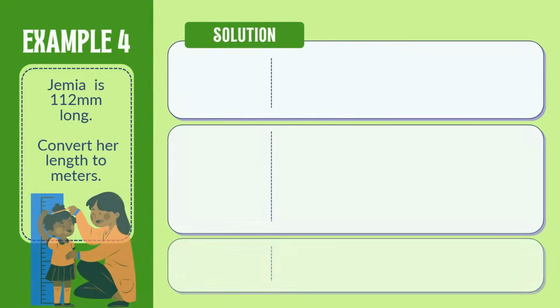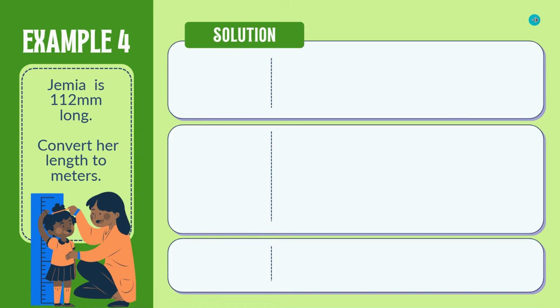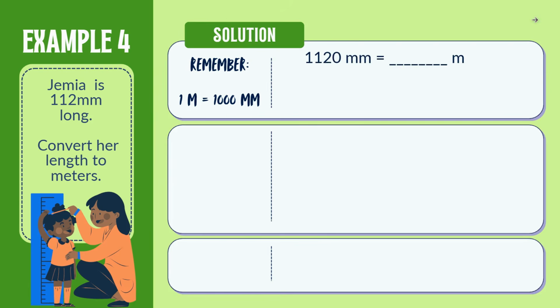Let's have a look at a last example. Jeremiah is 1120 millimeters long. Convert the length to meters. So we write down 1120 millimeters, converting to meters.